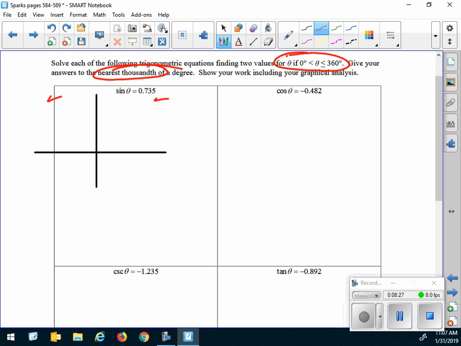Sine of theta equals, how do I undo sine? Sine inverse. So what you're going to do is you're going to sine inverse both sides.